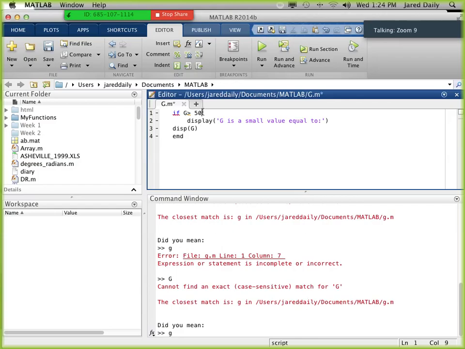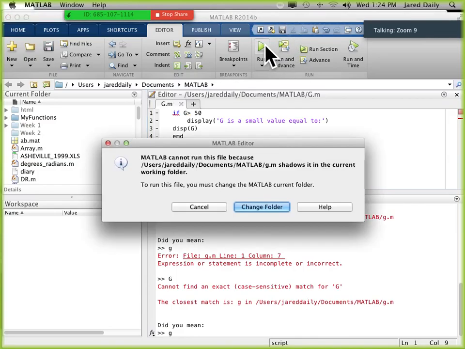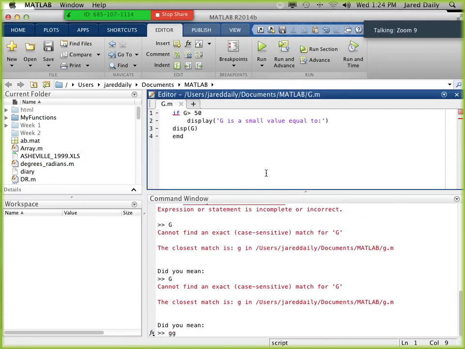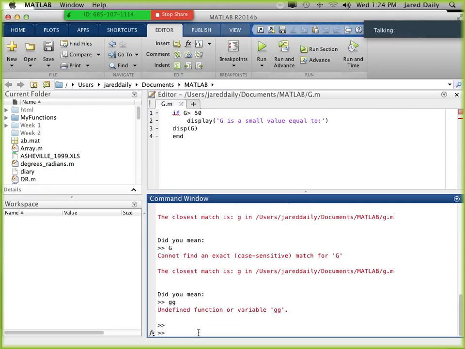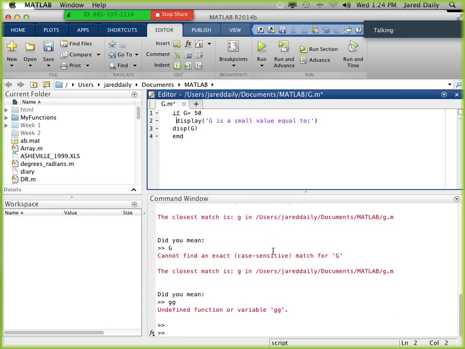I didn't put my number up here. There we go. Now we're ready to go. I do not mean G. With G greater than 50, it should allow this to work.